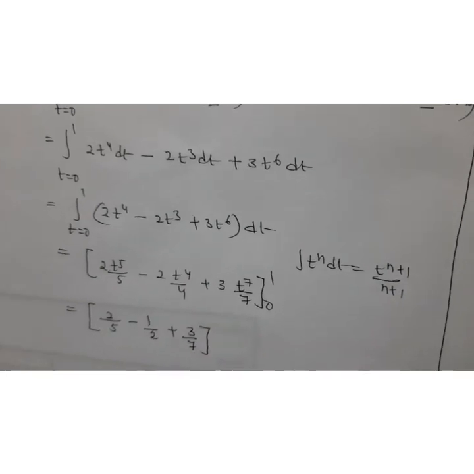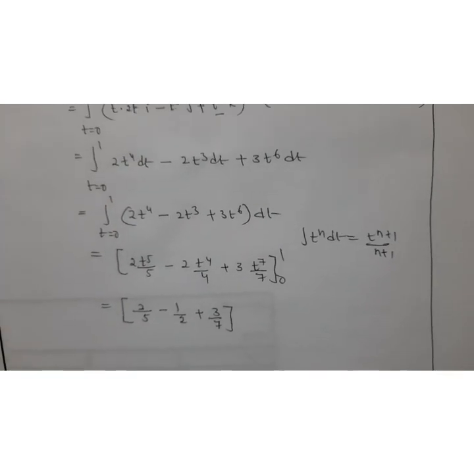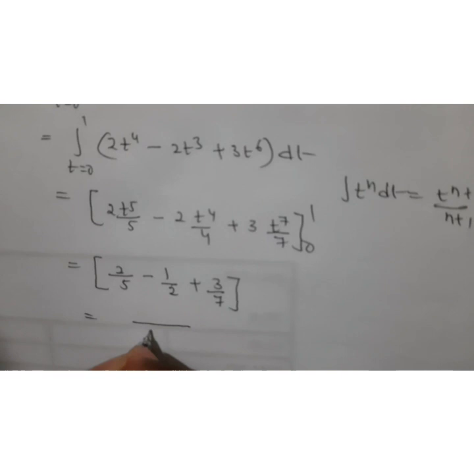The lower limit total is 0. Here the LCM is 70.